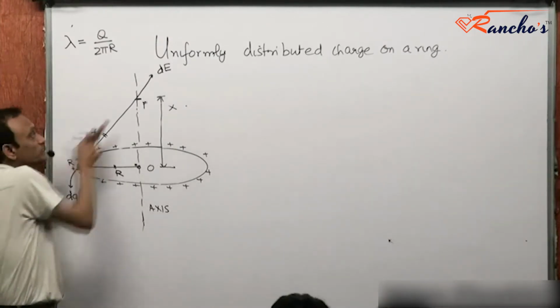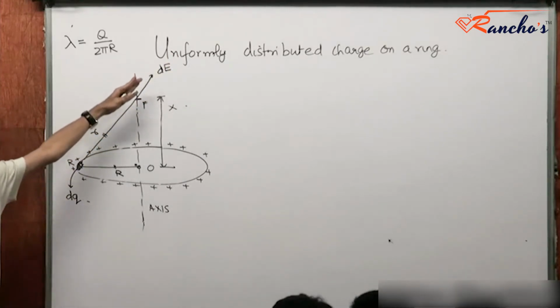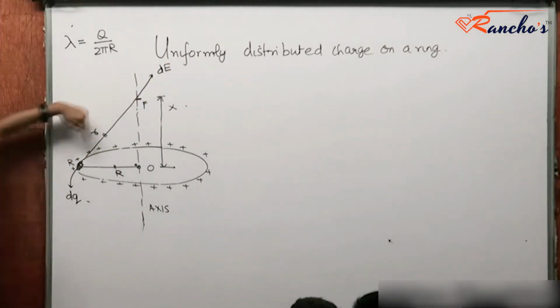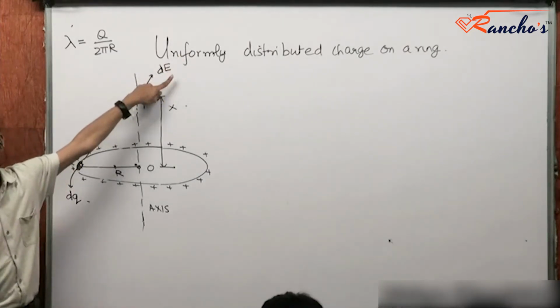Electric field dE because of this dq would be outwards. That will be the direction of the force experienced by a unit positive charge when placed at P. Assuming dq to be positive, it's going to be repulsion, right?